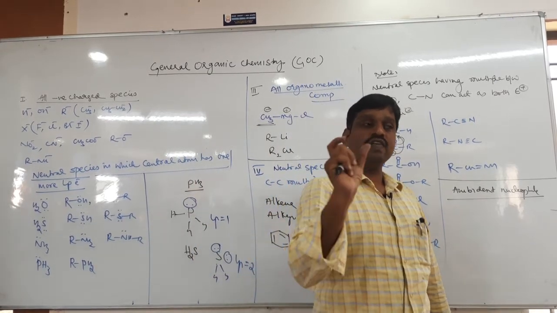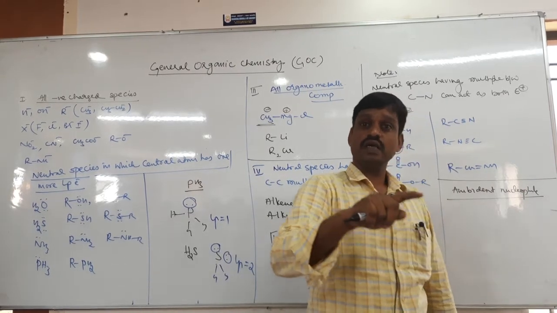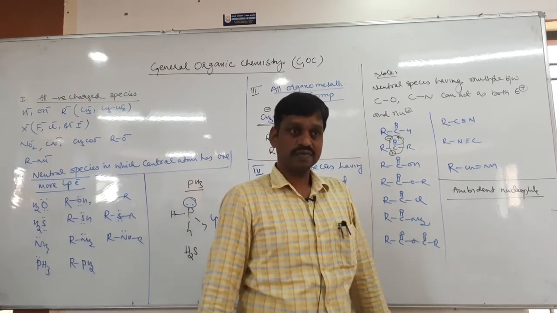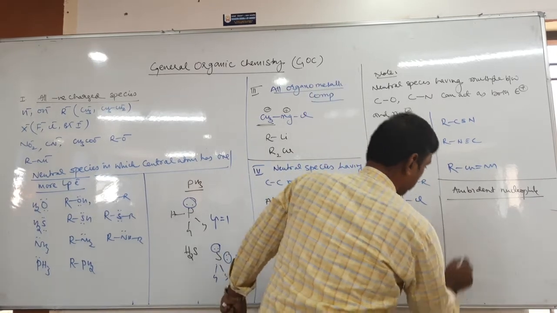The nucleophile which contains two nucleophilic centers, one neutral and one negative, is called an ambident nucleophile.